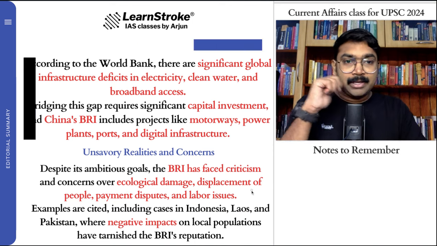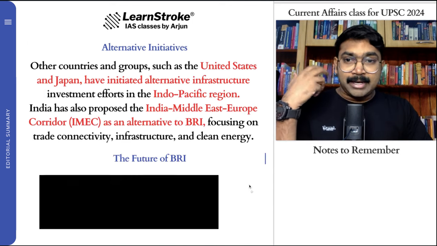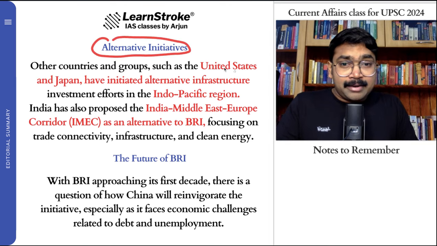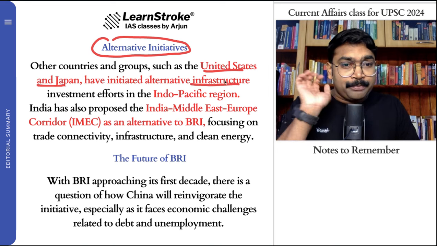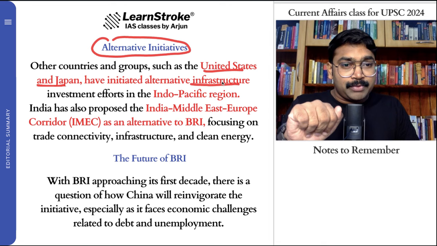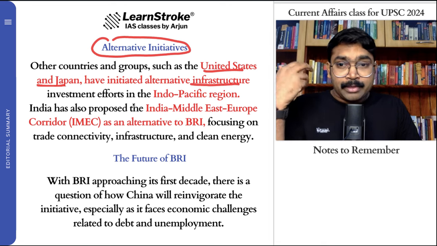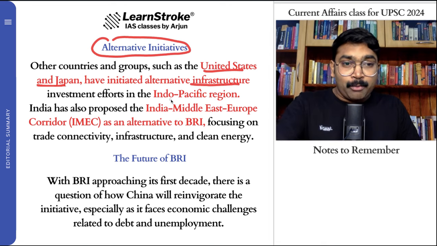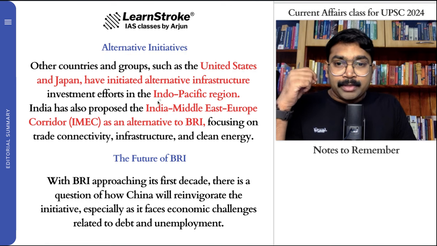Anyway, BRI is a very heated and trending topic, and that is the reason why other countries like the United States and Japan have initiated alternative infrastructure efforts, so that we do not depend on China. We will find more initiatives which are much better, and that is why they are thinking of more initiatives like the Indo-Pacific region.